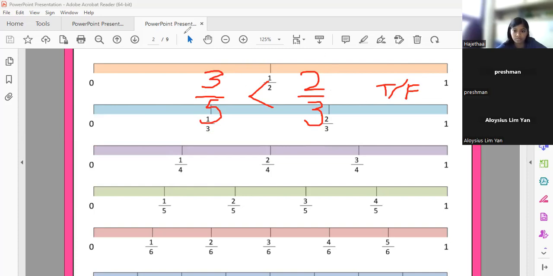Look carefully before you answer. 3 over 5 is smaller than 2 over 3. So, where is 2 over 3? This is 3 over 5. This is 2 over 3. Let's draw a rectangle. Okay, so it goes here. This is 3 over 5.